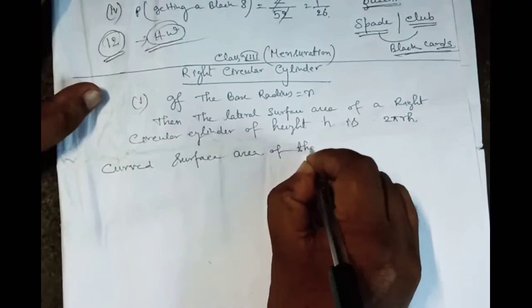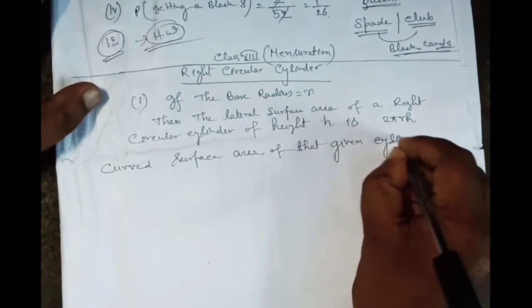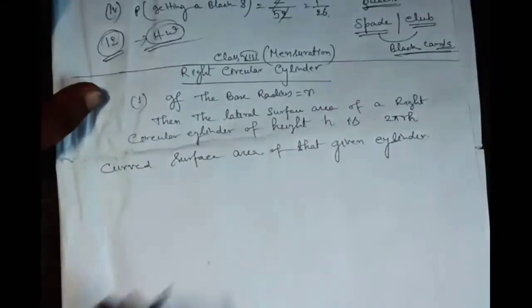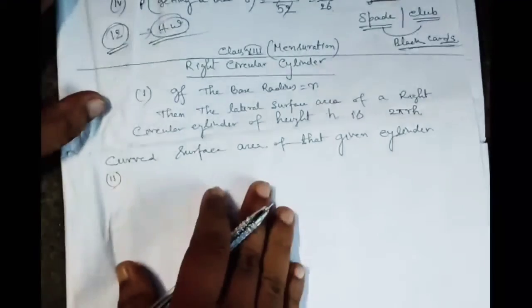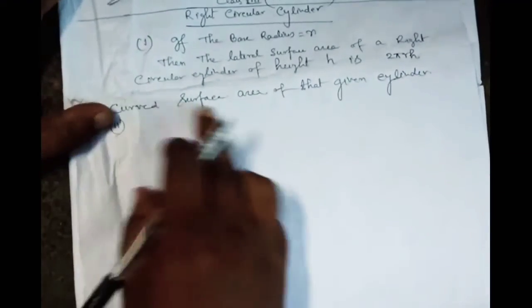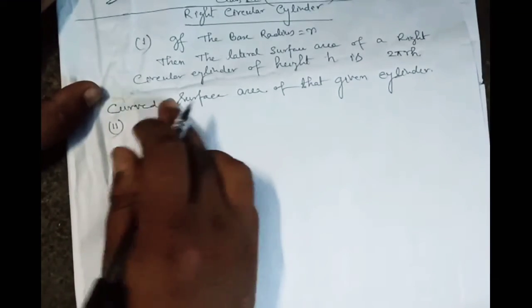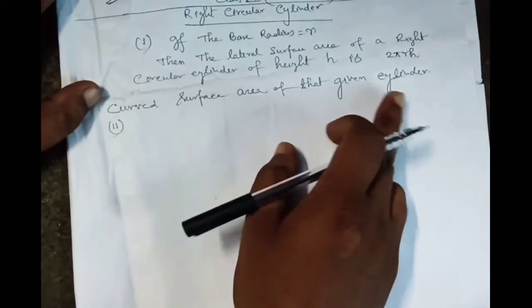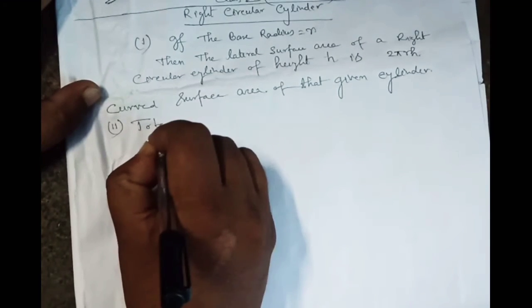Next, I am writing just the formulas for computing. This is the curved surface area. Next, total surface area.